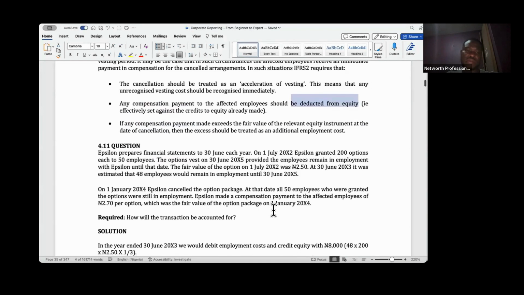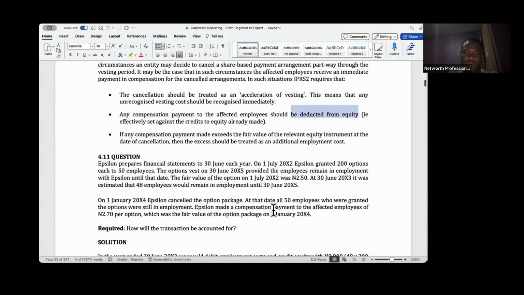Okay, let's put that cancellation in perspective. We have Epsilon. Epsilon prepares financial statements to 30th June each year. On 1st July 2002, Epsilon granted 200 options each to 50 employees.